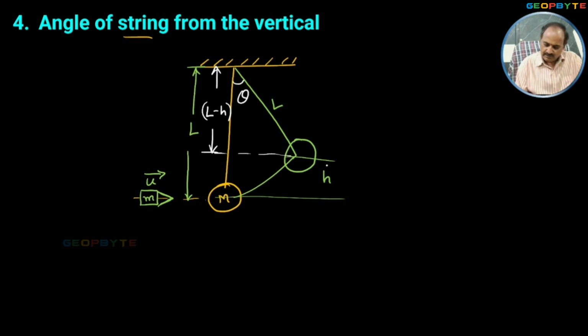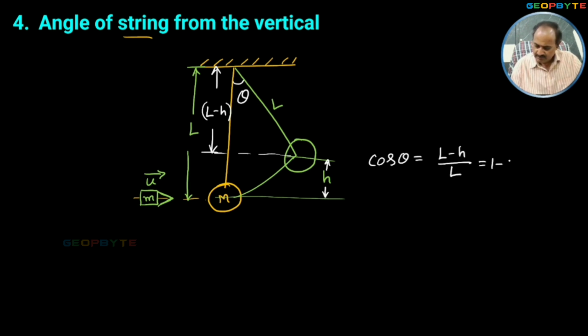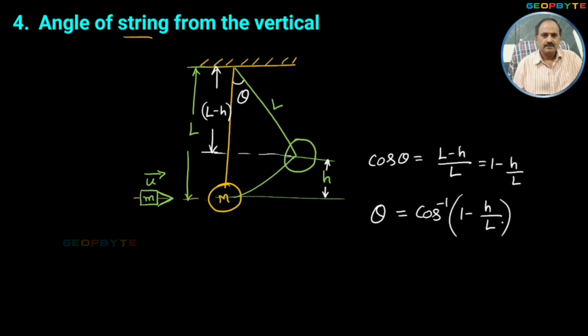Then look at cos theta. Cos theta equals what? Adjacent side L minus h by L. It can also be written as 1 minus h by L. Therefore, the angle of the string from the vertical equals cos inverse of 1 minus h by L. Already we have decided the height of rise of the whole system, right?